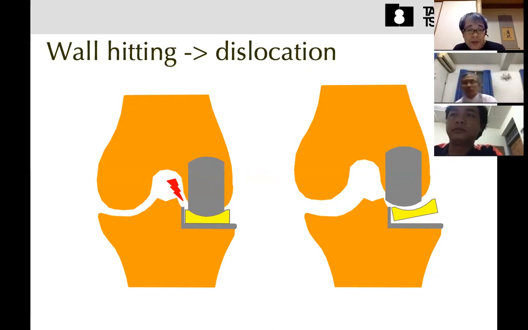So if the femur component is placed too laterally, the bearing will move laterally and hit the lateral wall and can cause a dislocation. So again, during the surgery, it is really important to place the femur component at the center of the femoral condyle, femoral medial condyle. It is very important.